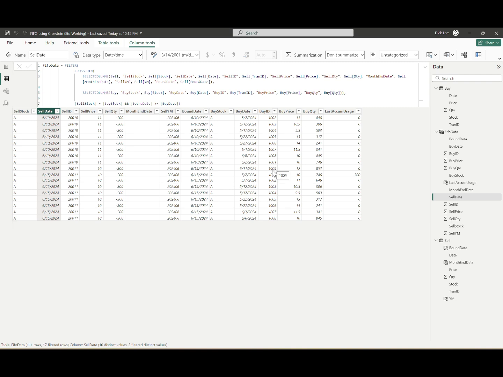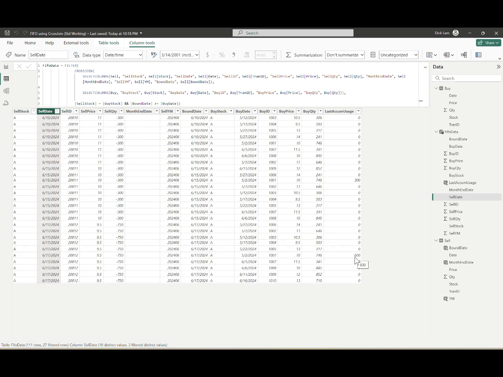Now, some confusion. This is 109, which is after 101. All right. And then if we also include the June 17, then the June 10 and June 15 sale quantities, 300 and 300, which is equal to 600, will appear in the last accumulated usage of June 17. See here. All right. So this column is okay.